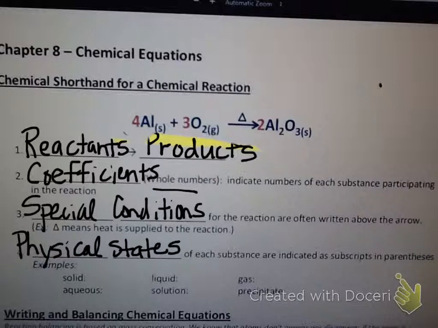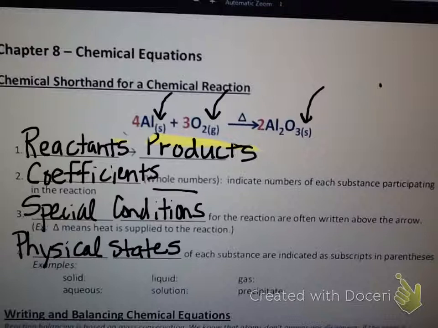Now remember, we've talked about physical states before. Physical states indicate what state of matter the element or compound is in. And this can be helpful sometimes when you're looking at a chemical reaction to understand what the reaction is like. So in this reaction, for instance, notice there's a solid, there's a gas, and there's a solid.